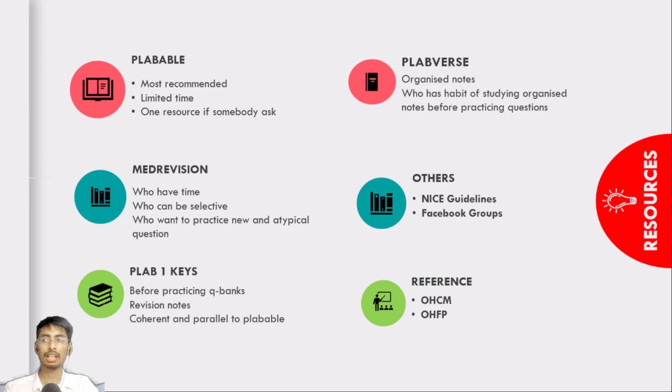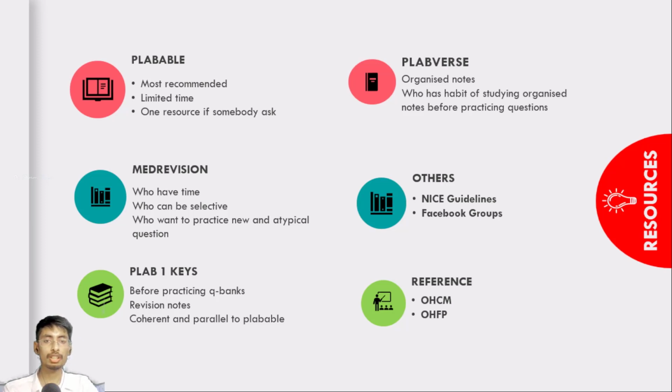And let's talk about the next resource, that is Plabverse. Plabverse is basically an organized note, and some of us are in the habit of studying an organized note, like we used to during our med school. So if you are that kind of person, then you can go for Plabverse.